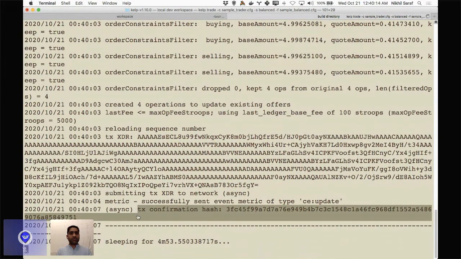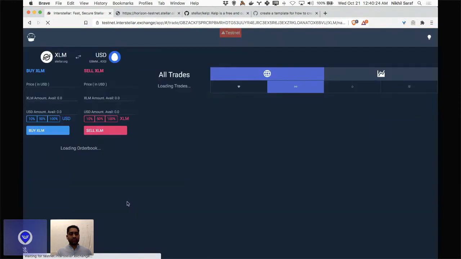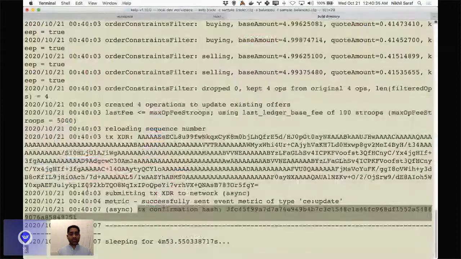So let's go back to the exchange. Hit refresh. So we successfully placed 2 orders at a very narrow spread of 0.1%. So let's see what else we can do with this now.